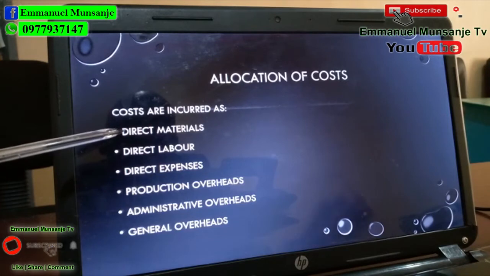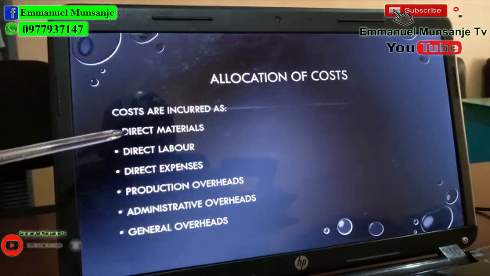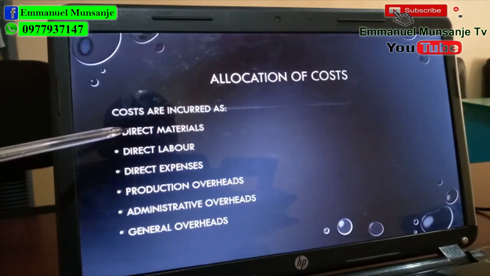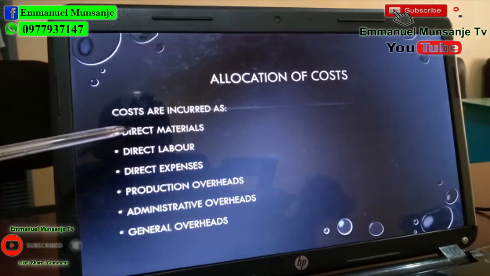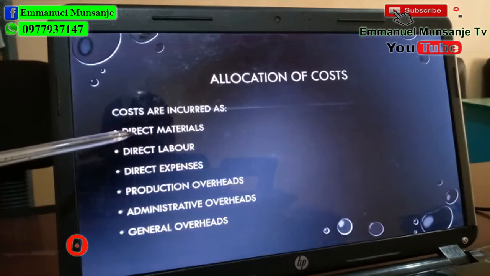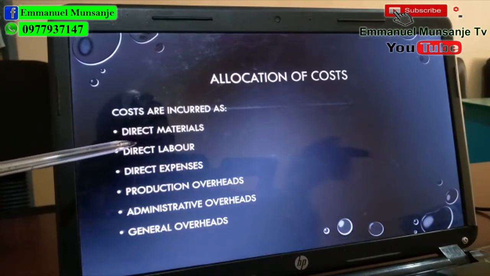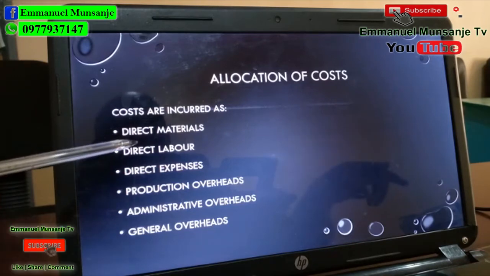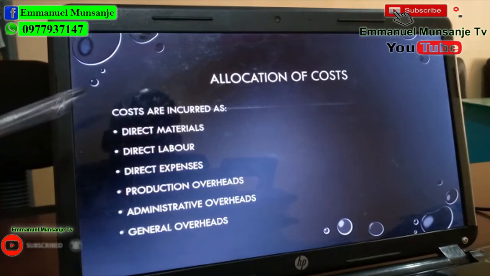Direct material is the cost that you incur to buy materials that go into your products. For example, if you are making bread, what is direct material? It is the cost of flour, the cost of sugar, the cost of baking powder, because they'll go right into your product. It is linked and associated directly to that.